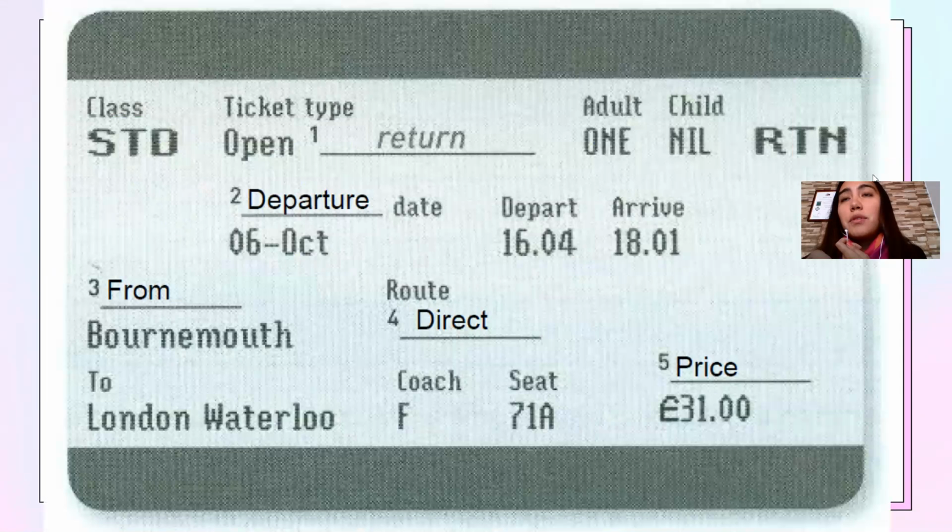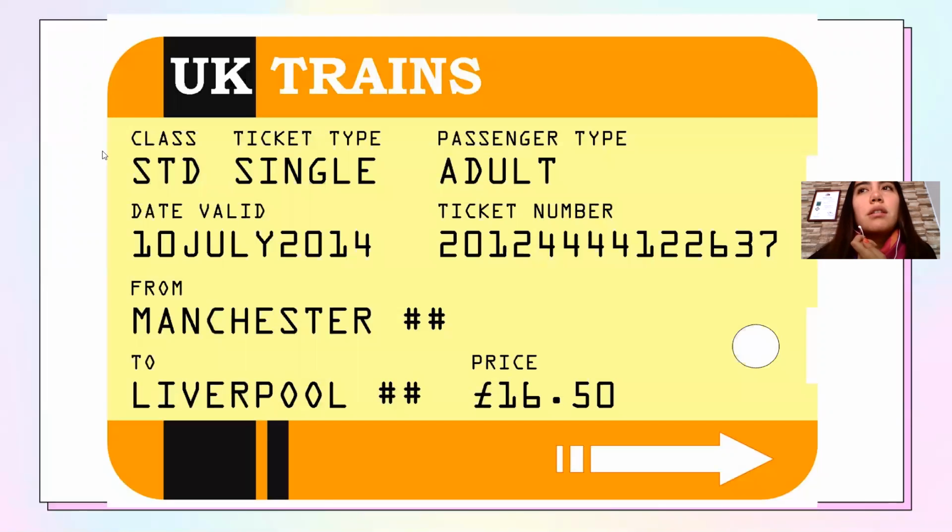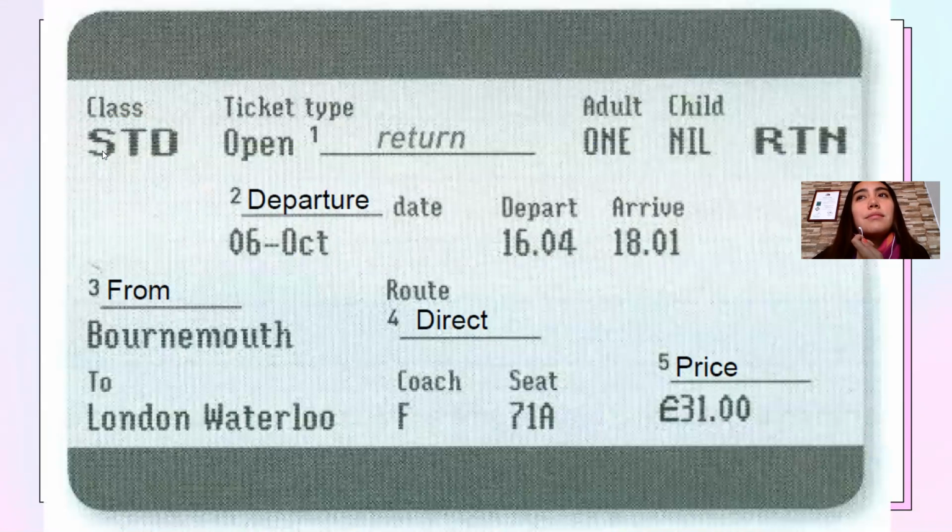Here we have the same information, but also we have ticket type. It says open, return. Ticket type, return. What is the difference between single and return? Think about it, but we are going to check that in a minute.